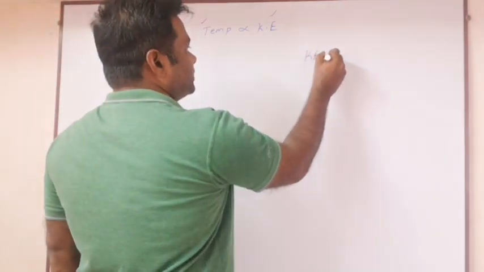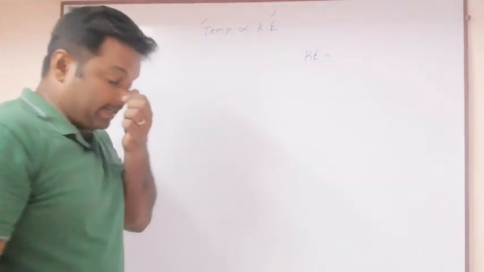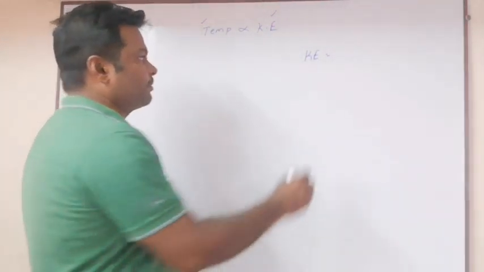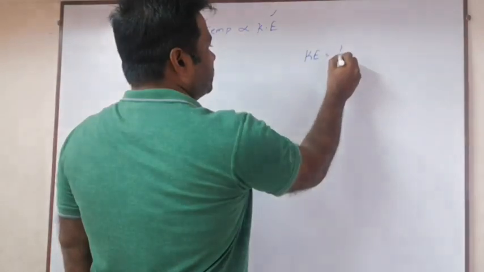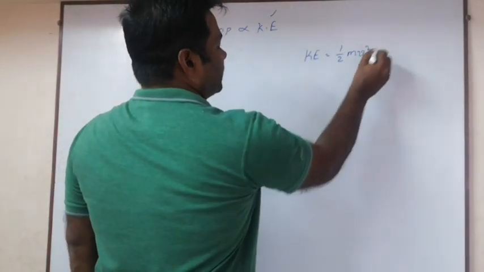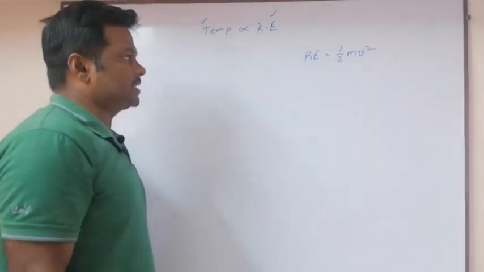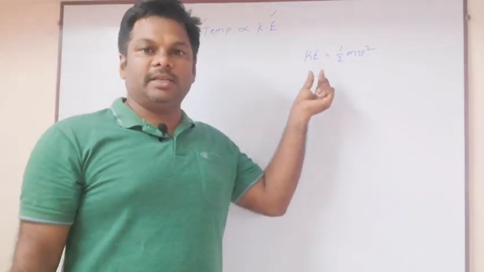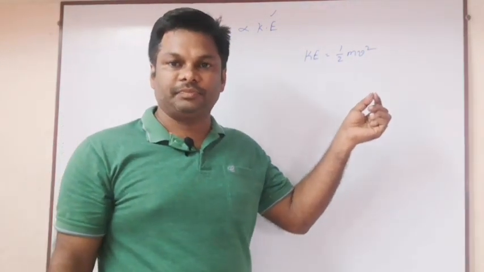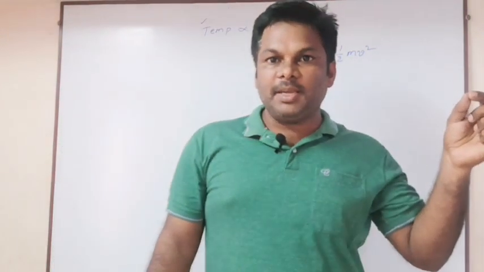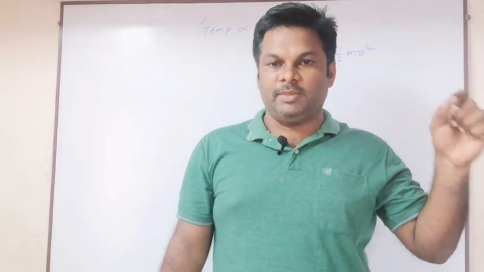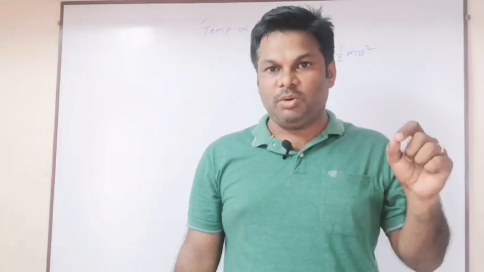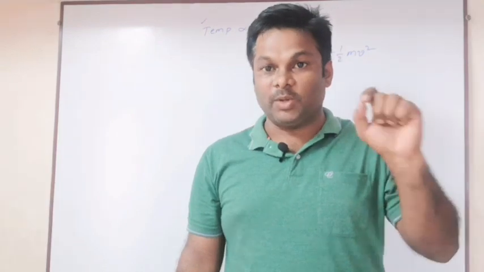In dynamics, not in kinematics, in dynamics, kinetic energy is equal to half mv square. Here kinetic energy is defined as the energy possessed by any moving object by virtue of its velocity.